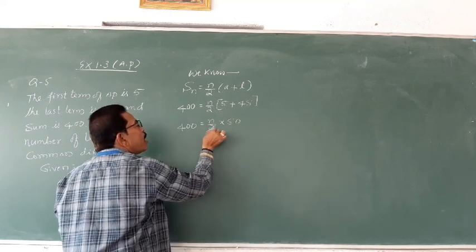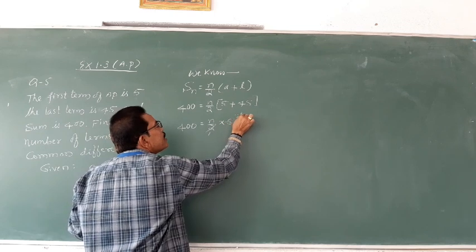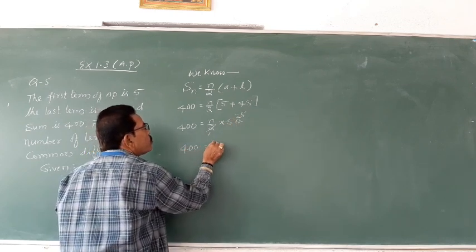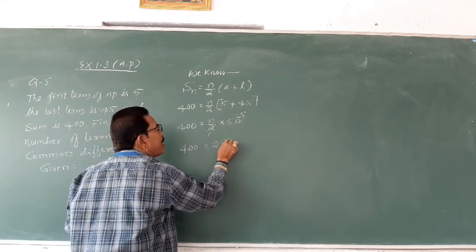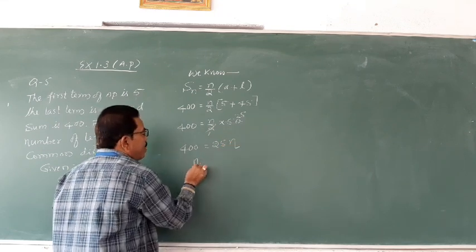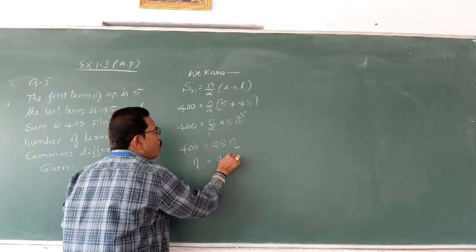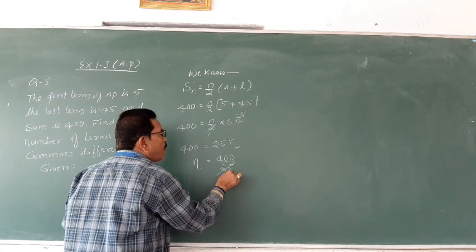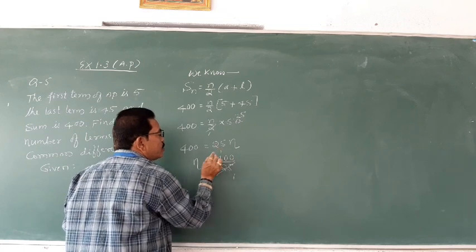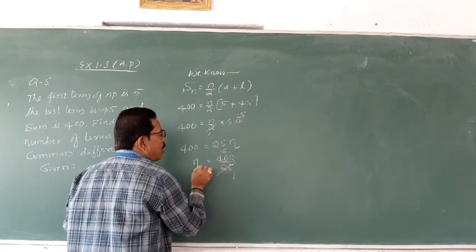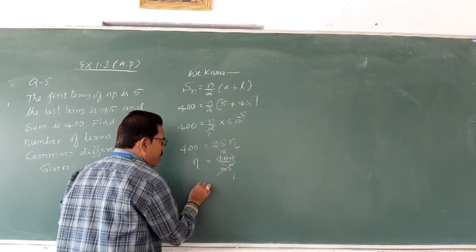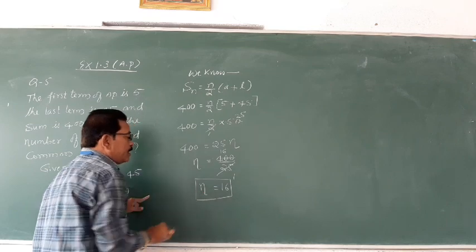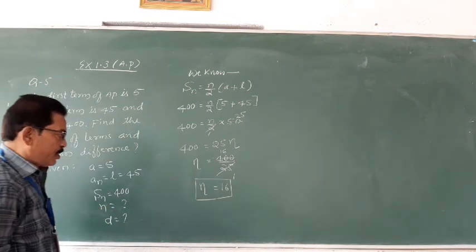So 2 ones are 2, 25 twos are 50, 400 equals 25 into n, 25n. Therefore, n equals 400 divided by 25, which is 16. How many terms are there? The number of terms is 16.